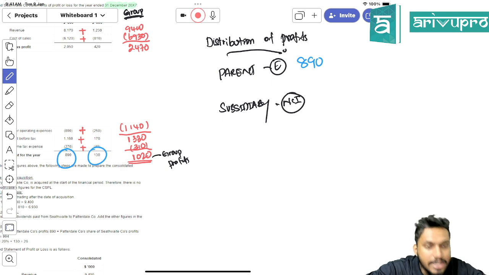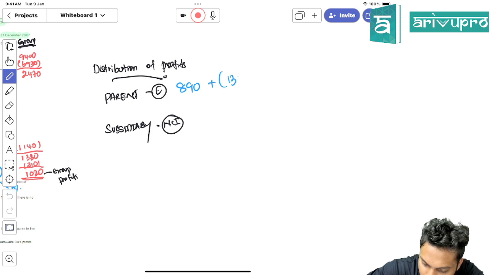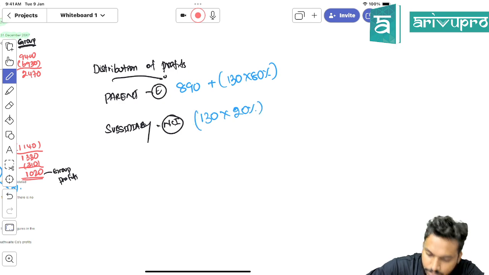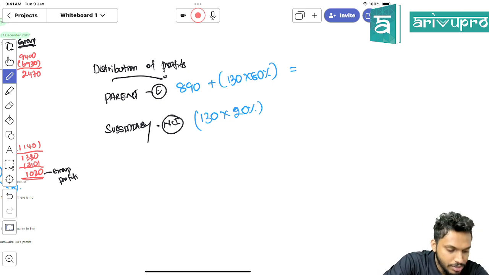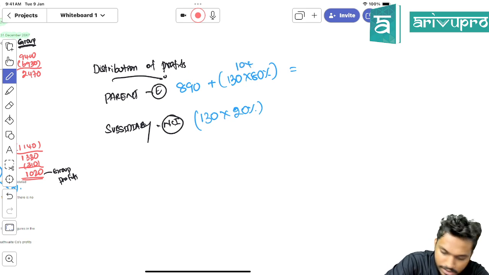But of the subsidiary's profit of 130, 80% belongs to us, 20% belongs to them. So of this 130, 80% is my share, isn't it? Then for the non-controlling interest, of that 130 they will get only 20%. So what is 80% of 130? 104 plus 890.